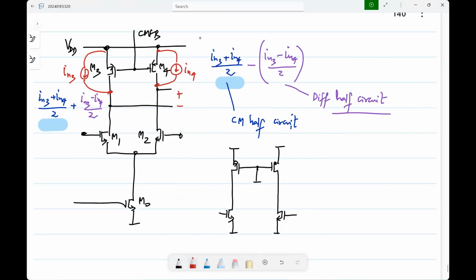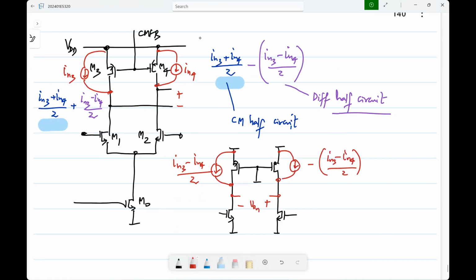So now we have IN3 minus IN4 by 2 minus IN3 minus IN4 by 2. Okay. And you are looking at the differential output component. Okay. So now this is a differential circuit with differential excitation, right?